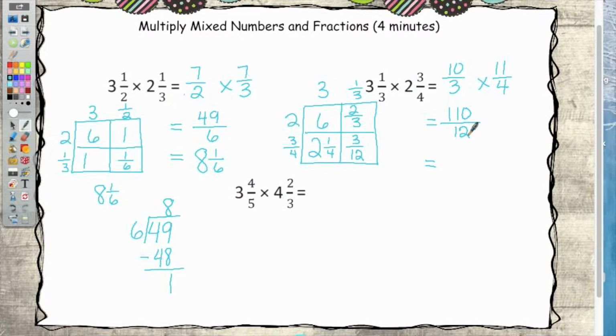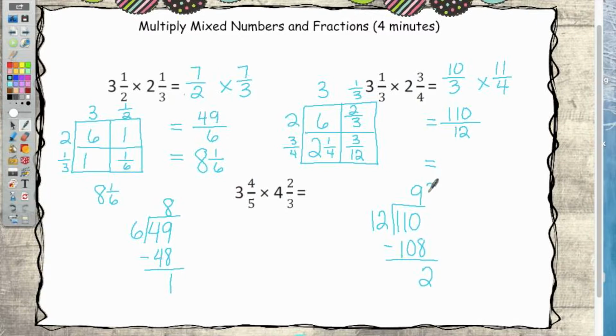So count by 12s for me. Can anybody sing my song? 12, 24, 36, 48, 60, 72, 84, 96, 108. So 110 divided by 12, 12 times what equals 108? 9.